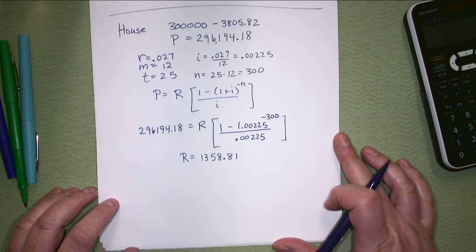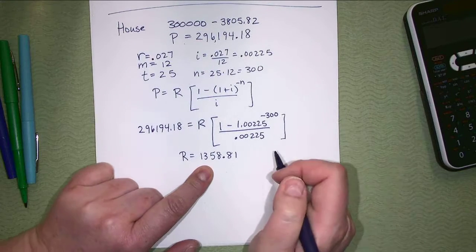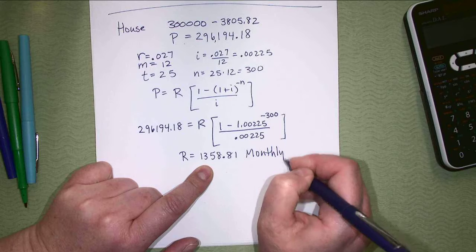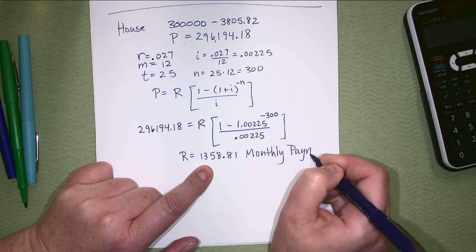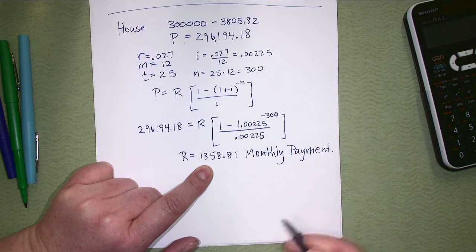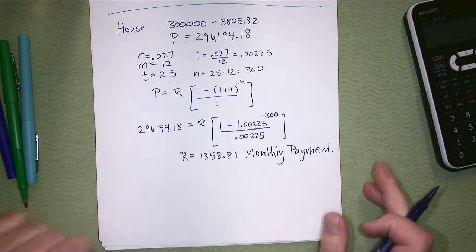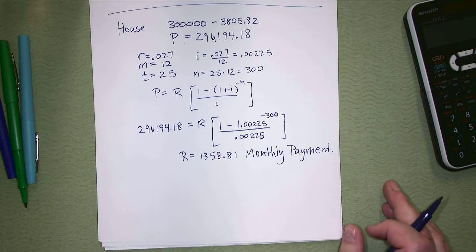So we're going to store this number and then divide. Okay, so this is his monthly payment? Okay, so what's the next part say? If he keeps the house for 25 years, how much will he have paid for the house, including the down payment?